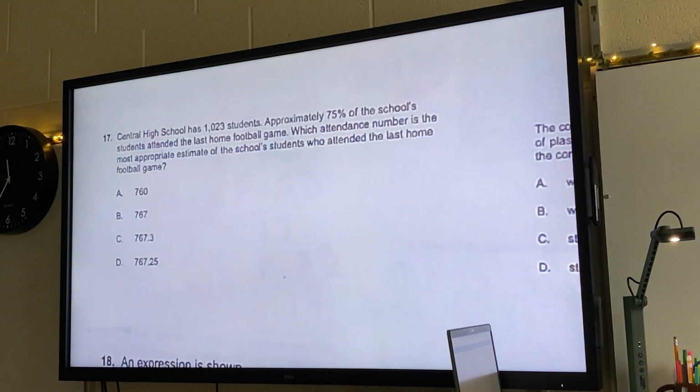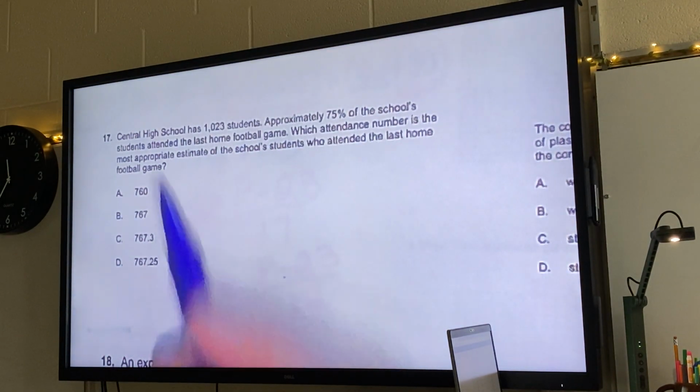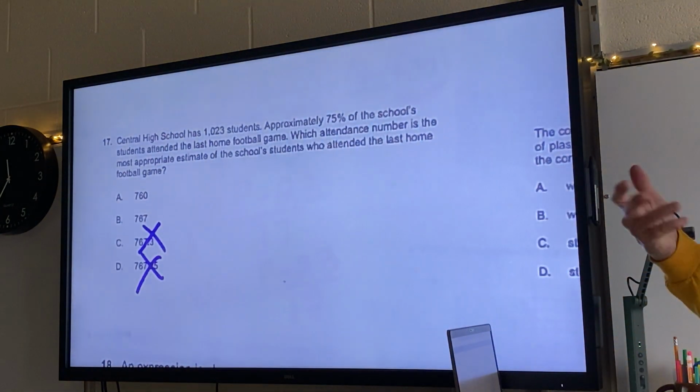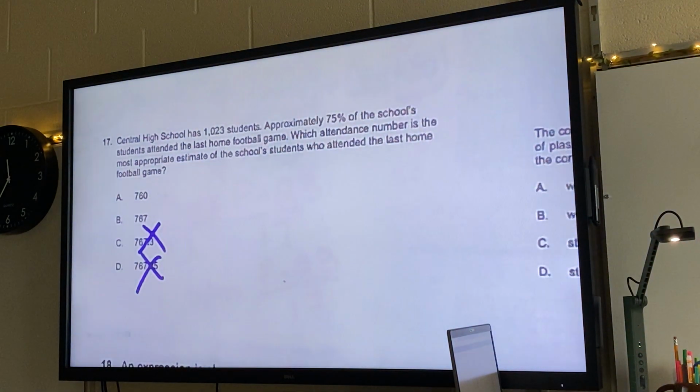So number one, estimate. Do we know what that means? Yeah. Which two answer choices are 100% not an estimate? C and D. Y'all ever went to a football game and said, oh, it looks like 1,000.4 people are here? Nobody does that. That's not an estimate.